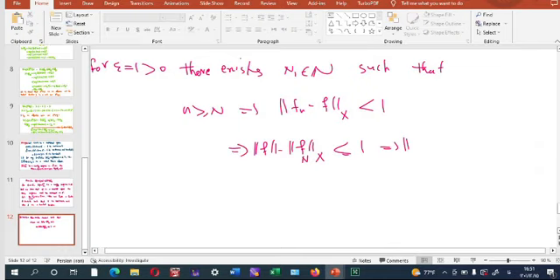And finally, the norm of f is less than or equal to this norm plus 1, and this is finite, so that f is a bounded function. Okay?